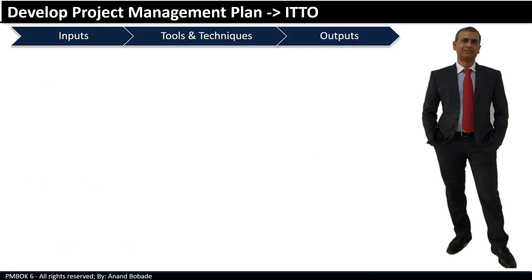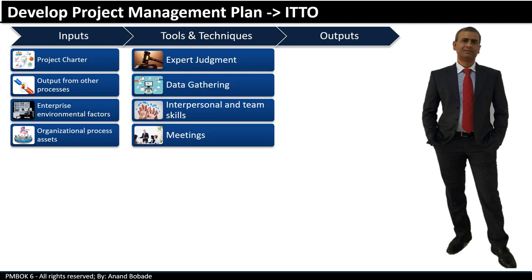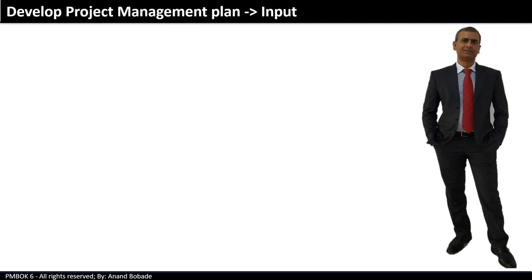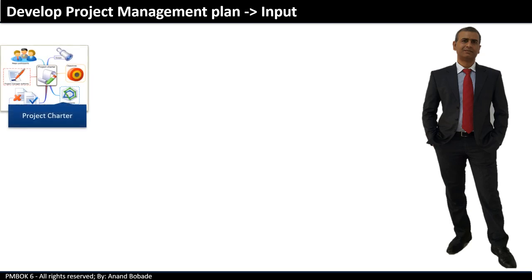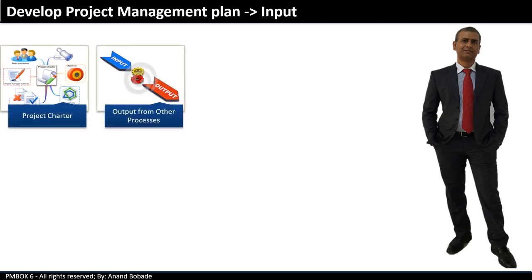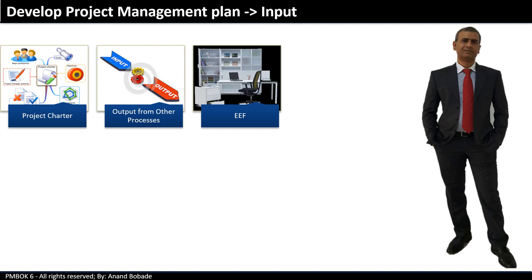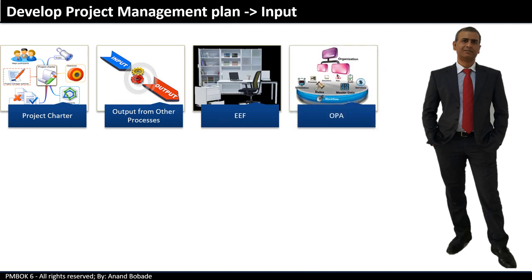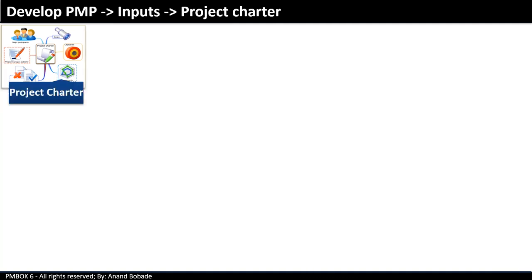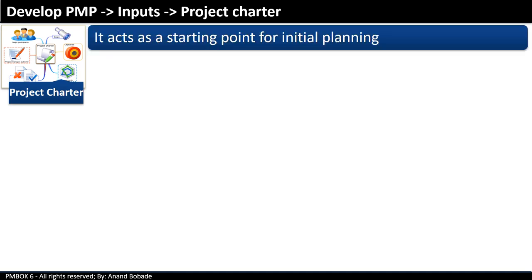Let's have a quick look at inputs, tools and techniques, and outputs. The inputs are the project charter, outputs from other processes, enterprise environmental factors, and organizational process assets. Project charter: it is the starting point for initial planning.